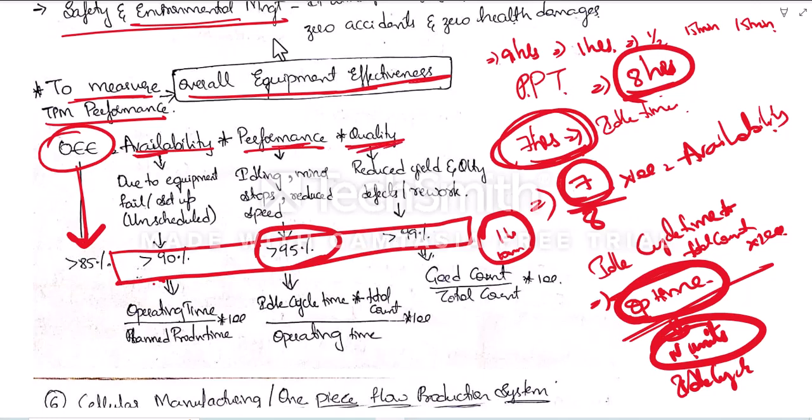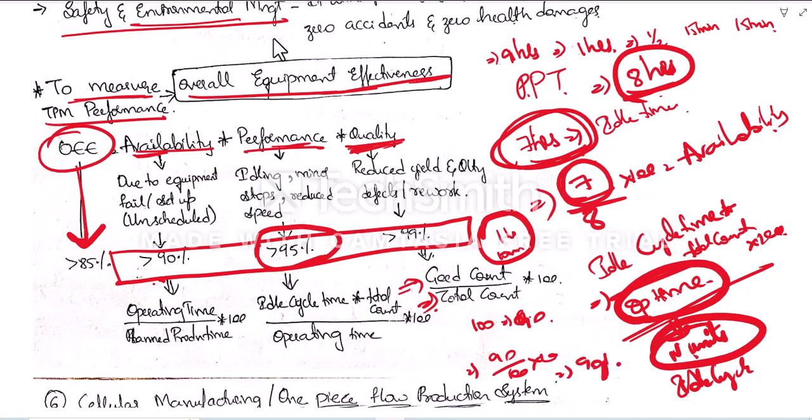And the quality is nothing but how many good products are produced and how many defective goods are produced. We have to find the ratio. So good count divided by total count. See, if we have produced 100 units and 90 units are good, then 90 by 100 into 100 means 90% is the quality ratio.